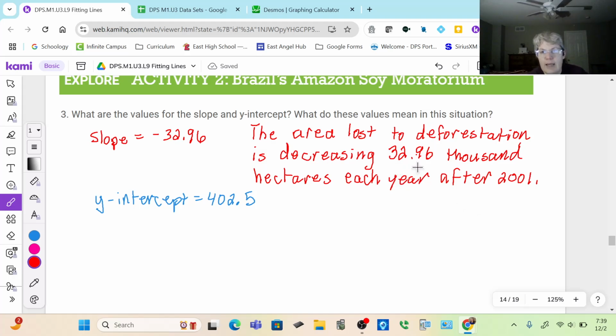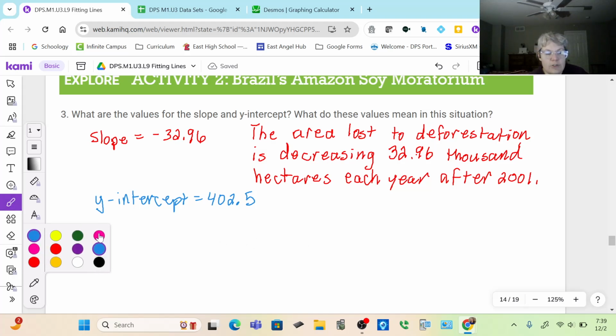So notice I talk about the vertical variable, that's the deforestation in 1,000 hectares, and I include the horizontal variable, which is years after 2001. So when you describe slope, you need to include those two variables.